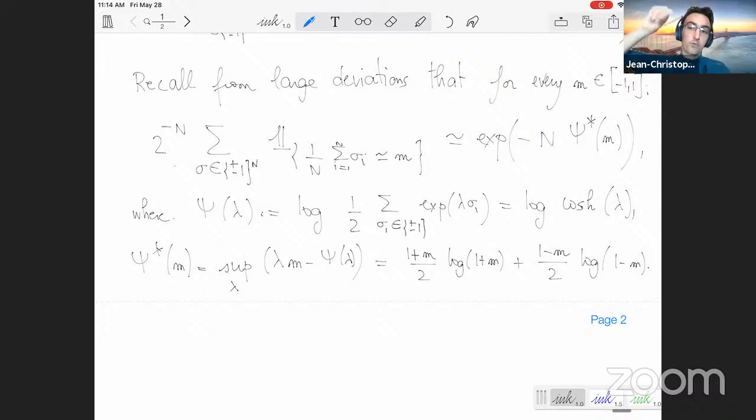So there's just some change of variable you have to do, but it's exactly the same computation. So you don't actually have to appeal to the big theory of large deviations for this specific observation. You can just derive it using Stirling's formula as we did at the beginning of the lecture two days ago, I mean on Tuesday. Okay, is that clear?